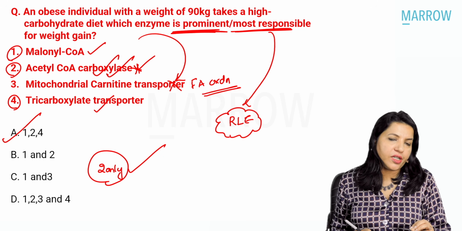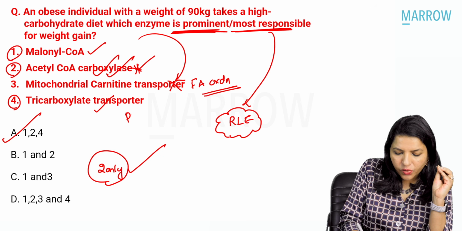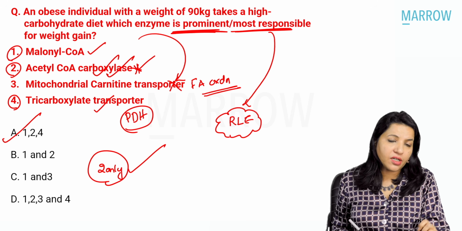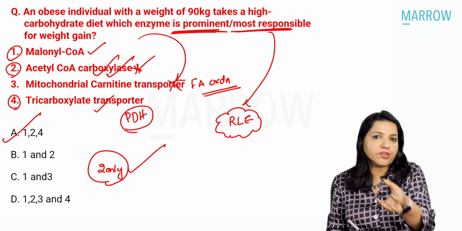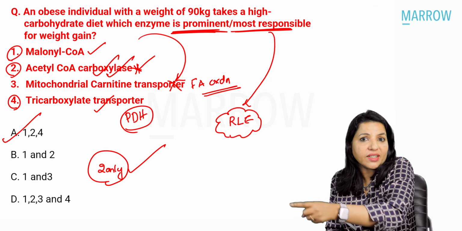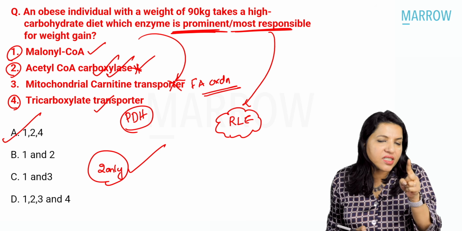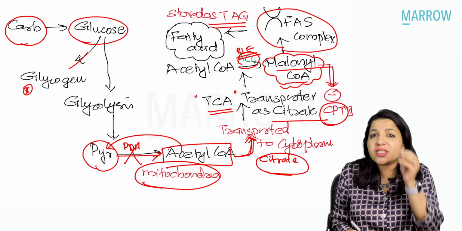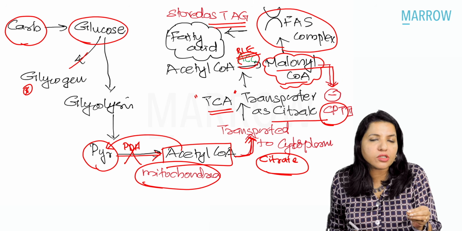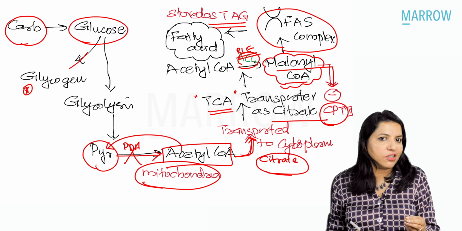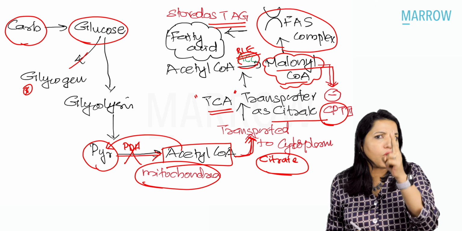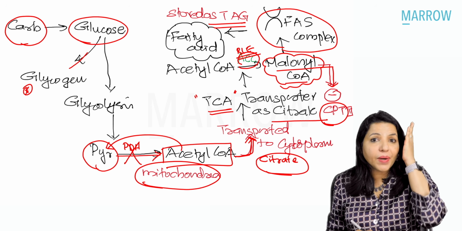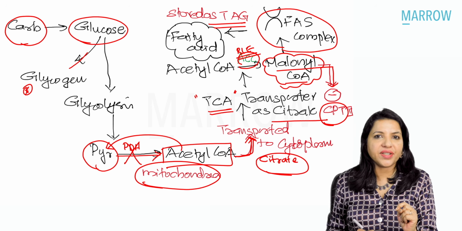One more point I will tell you. If the option has pyruvate dehydrogenase, will you choose that as the answer? I will choose that as the answer, because to divert the carbohydrate towards acetyl coenzyme A so that there is no turning back, that is with the help of pyruvate dehydrogenase. That also plays a major role in making this glucose enter into fatty acid synthesis. So if you ask me the two prominent enzymes, number one position, I'll give pyruvate dehydrogenase, not even acetyl coenzyme A carboxylase.